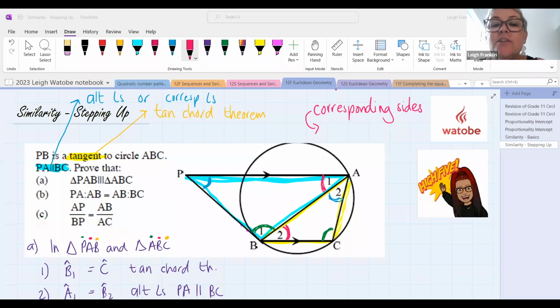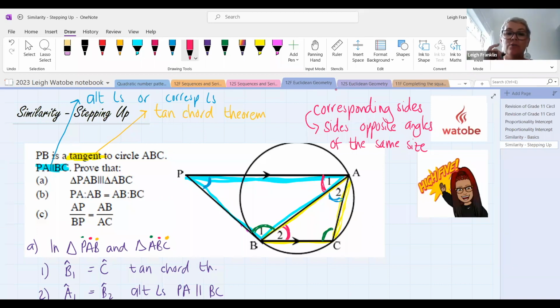Corresponding sides are sides that are opposite angles of the same size. Okay, so they are sides opposite angles of the same size. So remember, when we prove that triangles are similar, we are proving that there are 3 angles in the one triangle that equal 3 angles in the other triangle.